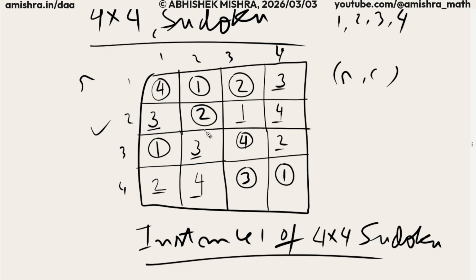So for 1 2 position, first row, no, this is second row first column, second row first column we have number 3. Same way we can list all the numbers like this.